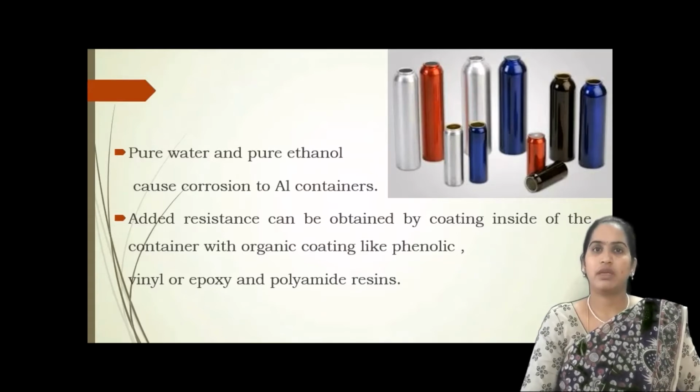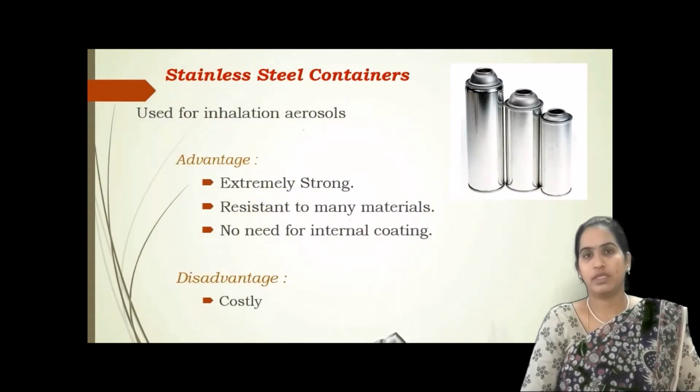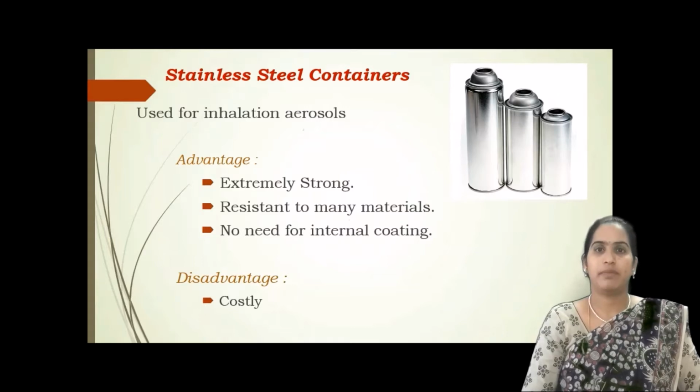Resistance can be improved by coating the inside of the container with organic coatings like phenolic, vinyl, epoxy and polyamide resins, so that it may be made inert. The main advantage of aluminium containers is that they are lightweight and cheap.